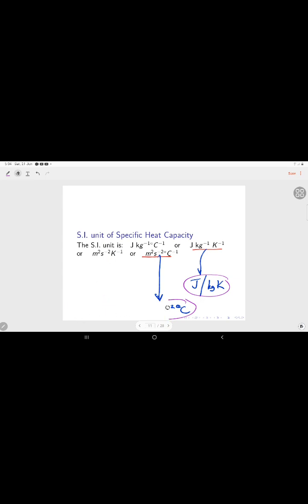Now let's try and derive why are we giving these units? Why are we saying you can express it in this form? So let me deduce it for you on this page. We said that specific heat capacity is denoted by small letter c. c equals Q over m times theta, right?